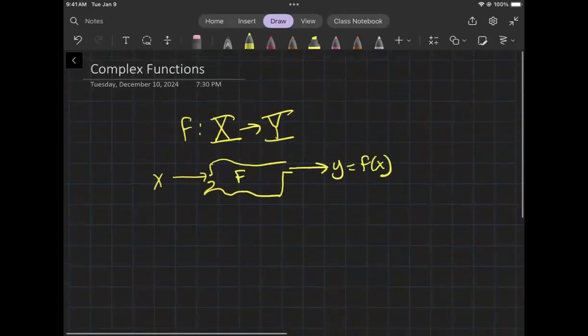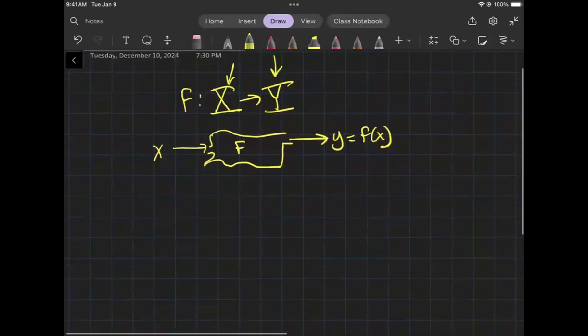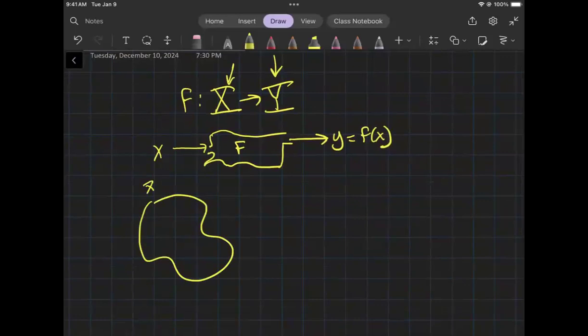And so these sets, capital X and capital Y, were sets in the real numbers, right? And we figured out the domain and range of functions in the real numbers. It's going to be the exact same process with complex functions, but this time we'll be taking a domain X, which is a subset of the complex plane.